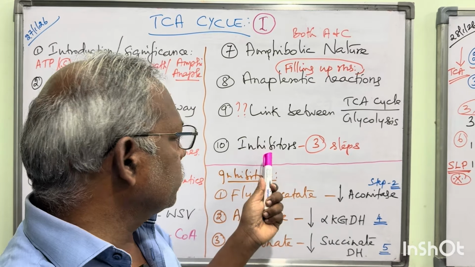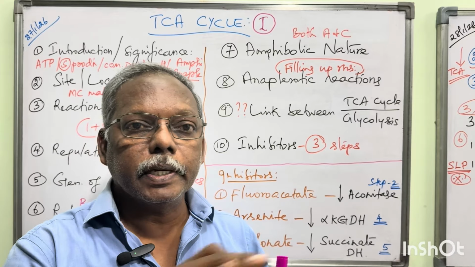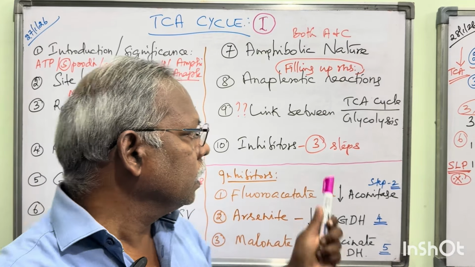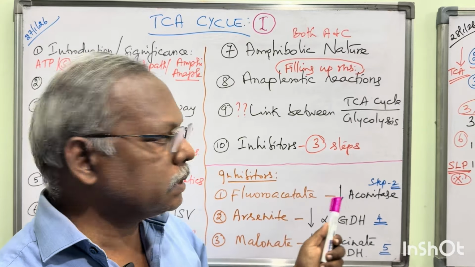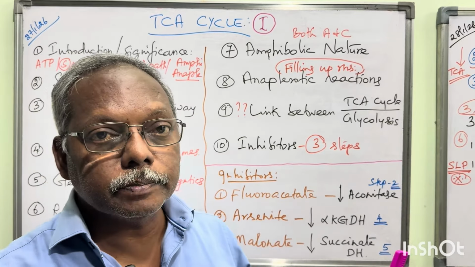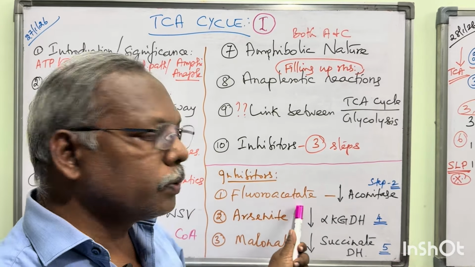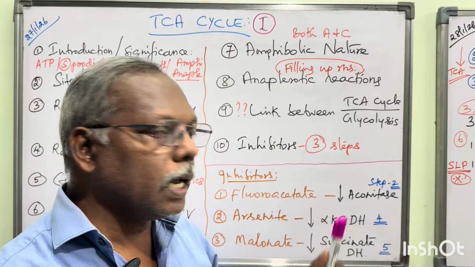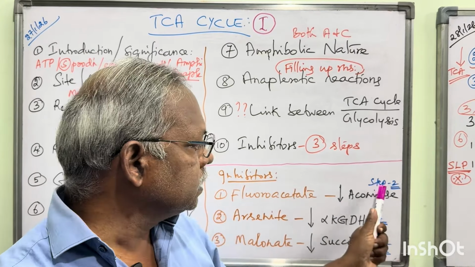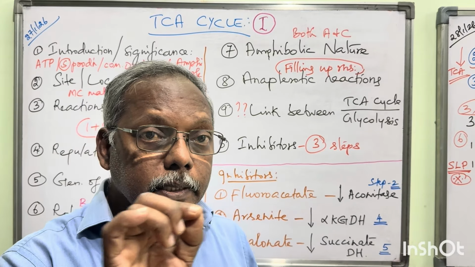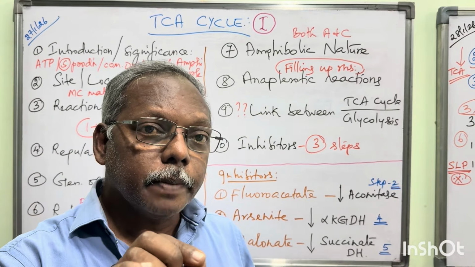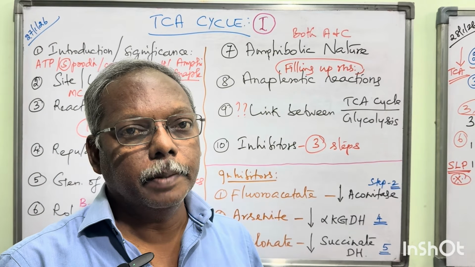The next one is inhibitors. Usually for any pathway we have some inhibitors also. Here we have 3 inhibitors in 3 steps. This is a very, very important MCQ point. The first one is fluoroacetate, which inhibits the aconitase enzyme in step 2. You have to clearly mention the inhibitor name, enzyme name, and step number.